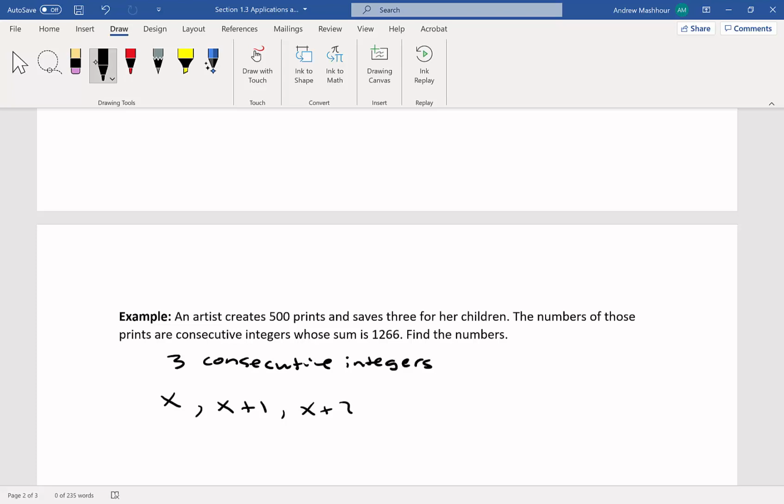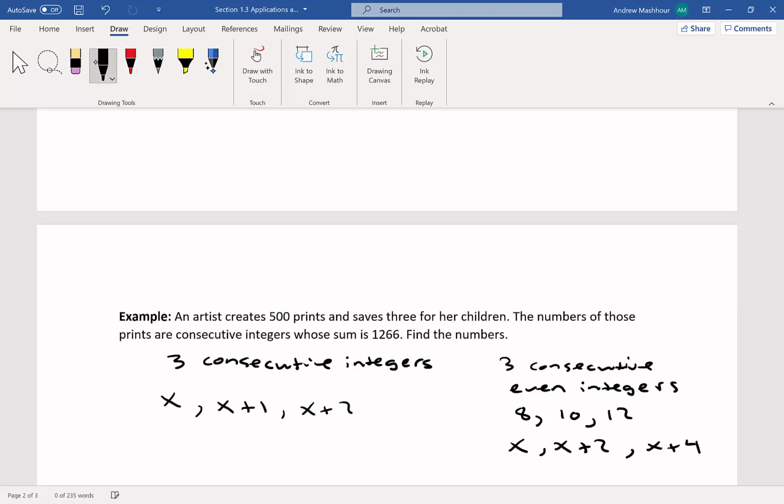Now you might see a different variation of this type of problem where it says 3 consecutive even integers. That would indicate something like 8, 10, 12. You'll still let your first integer be x, but to get to the next even integer you have to add 2, and to get to the third one you'd have to add 4.